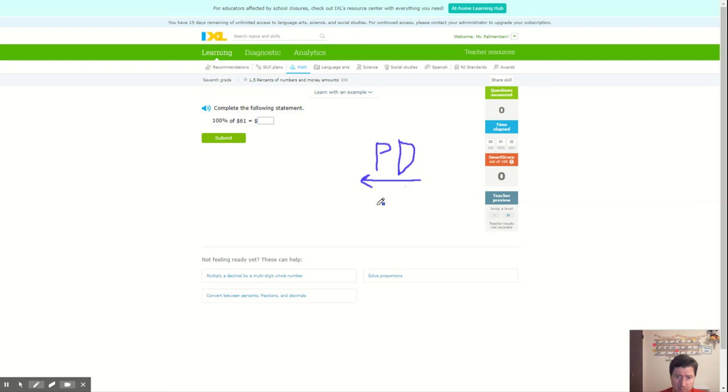So meaning if this was a percent number, like say I have 75%, what I'm going to do is take my decimal, which is here for right now, and move it 2 places to the left. So then my decimal is now 75 hundredths. So if you can realize that, then this is going to be no problem.